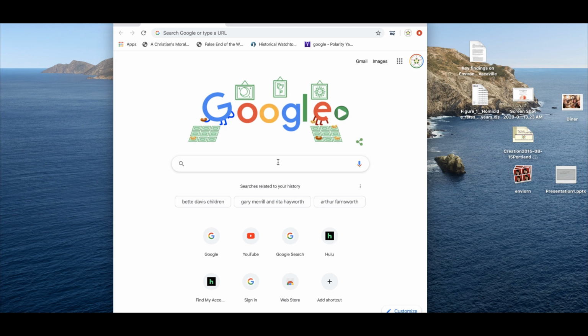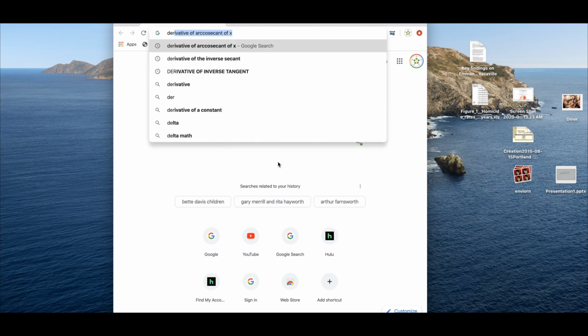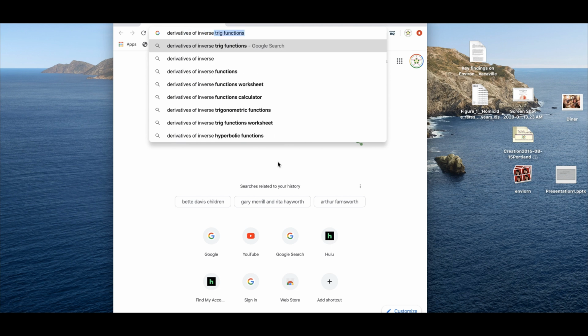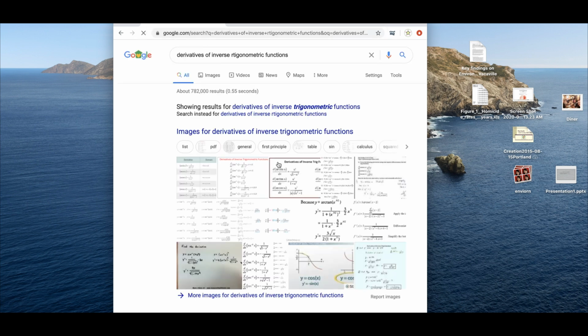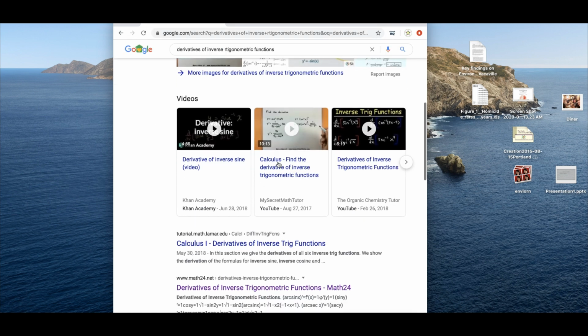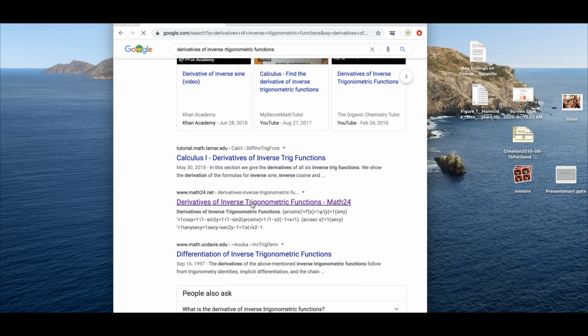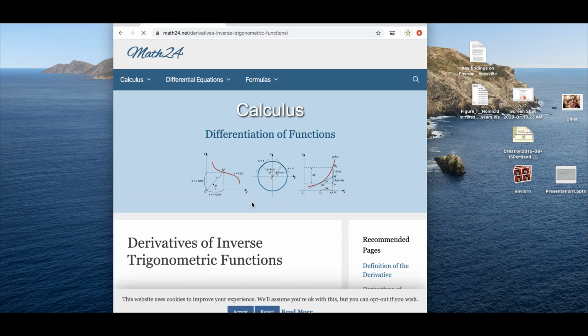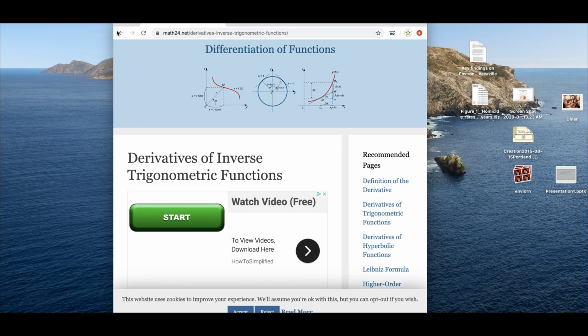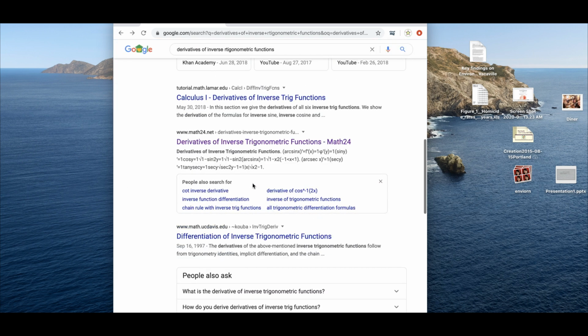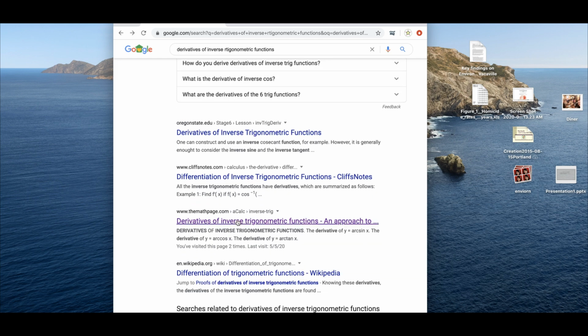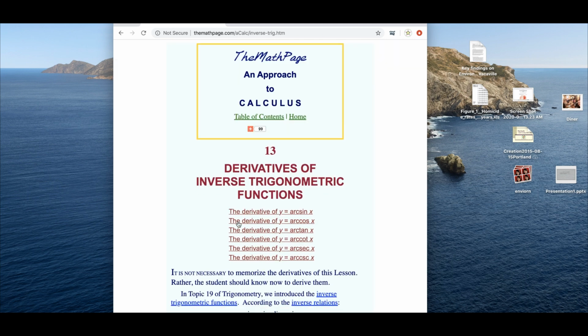The derivatives of inverse trigonometric functions, and we should have them right there. Oops, let's not go to that one. There we go. Now, this is it, arccotangent.